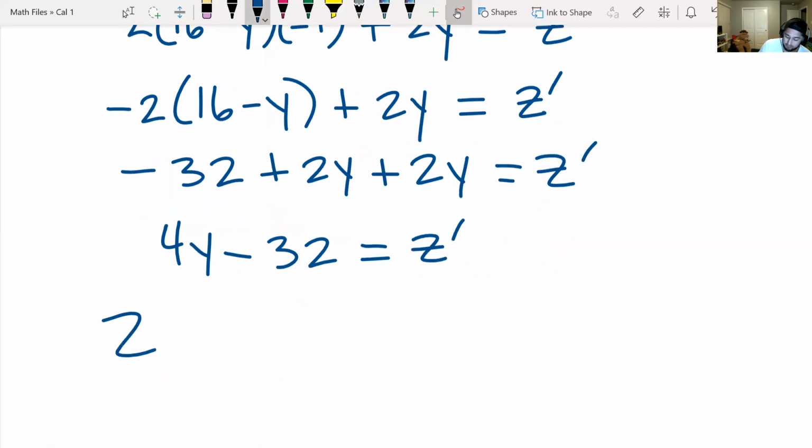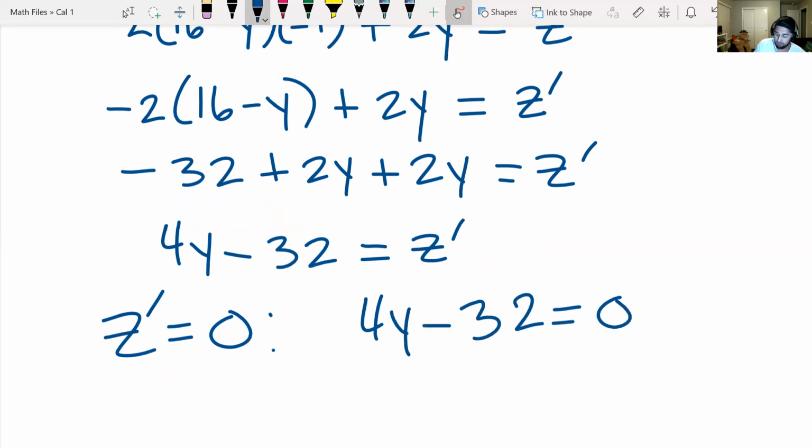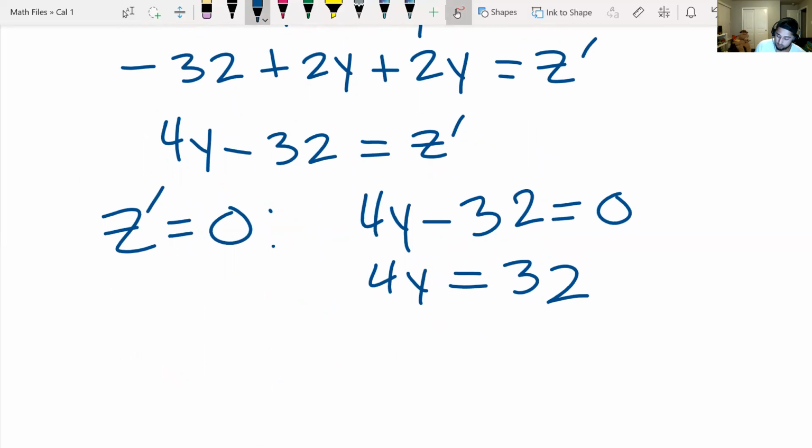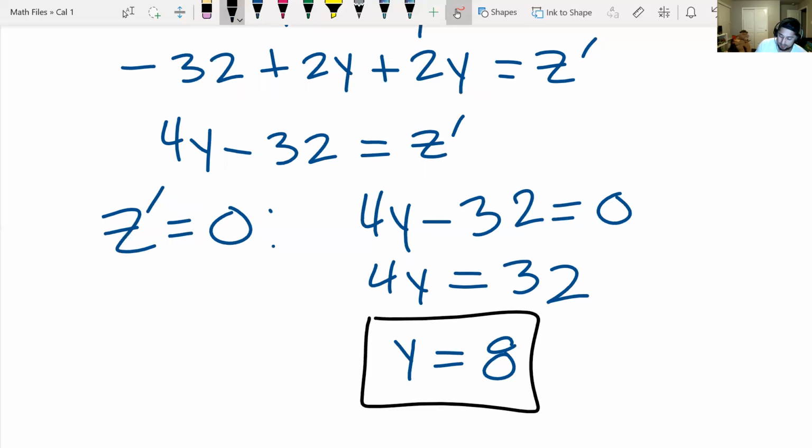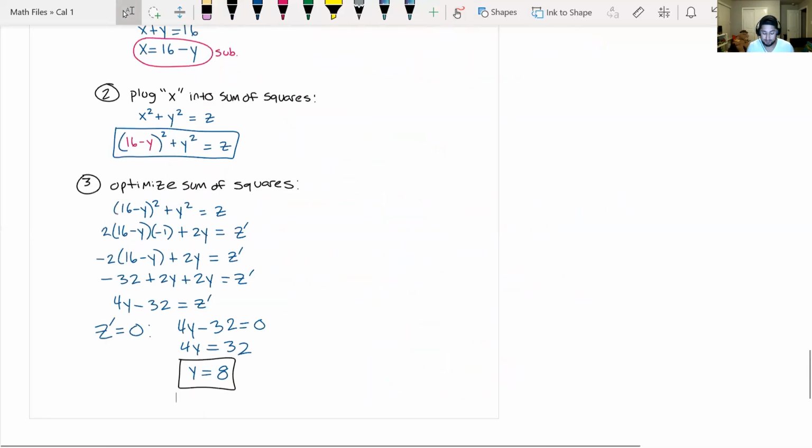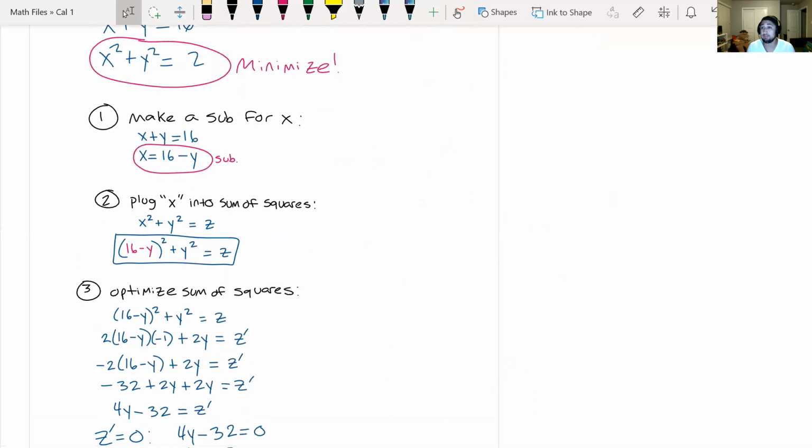Take z prime and set it equal to 0. 4y minus 32 equals 0. 4y equals 32. And y equals 8. What did I tell you? This means that if y equals 8, x must also equal 8.